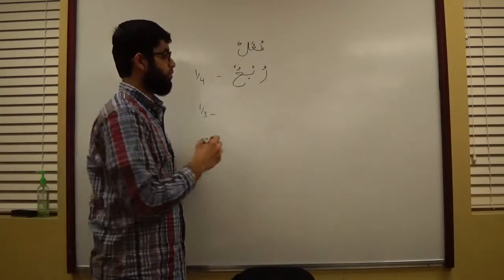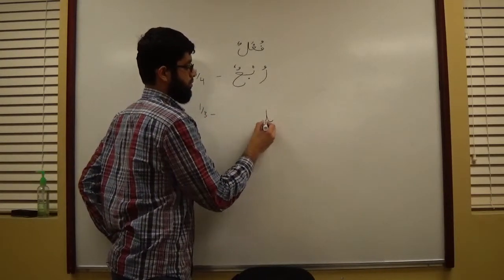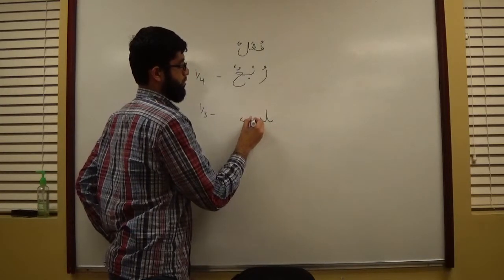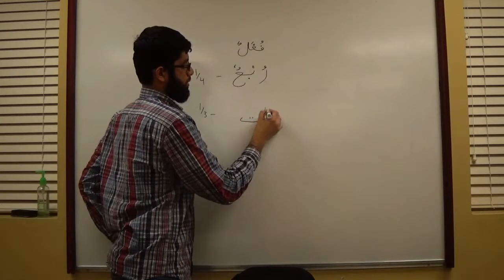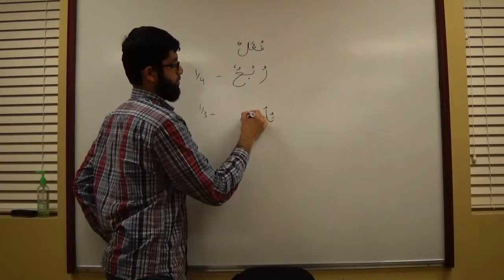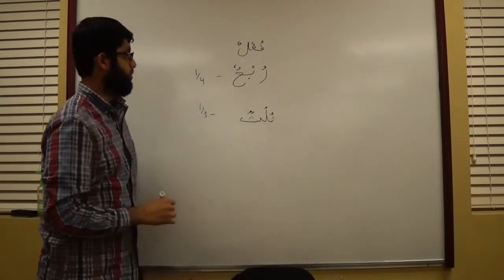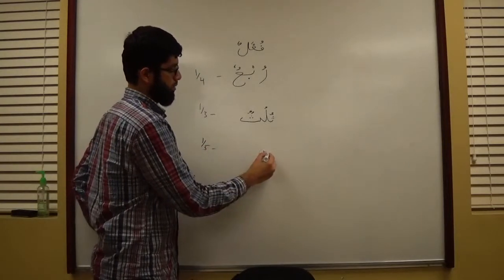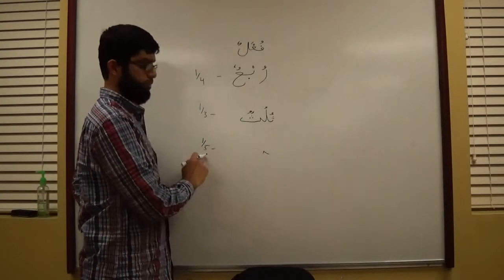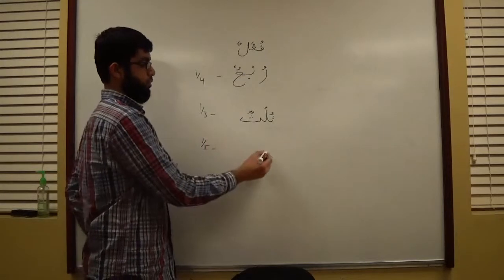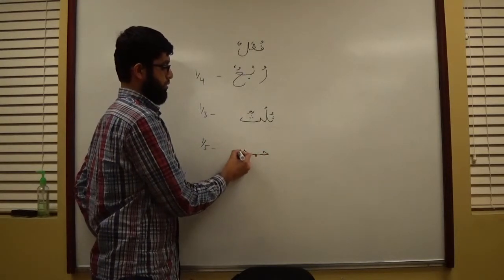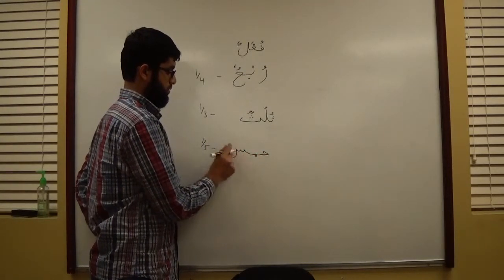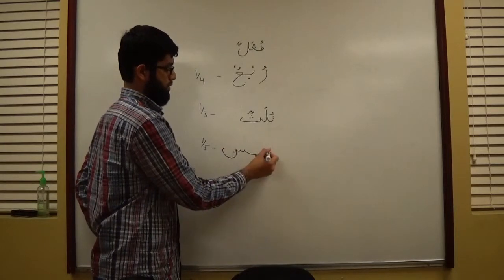ثلث. Thuluthun. And then 1/5? Khumsun. They have sukoon on the second letter except for ثلث.